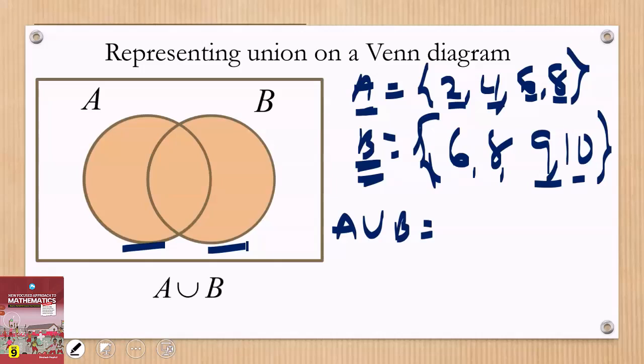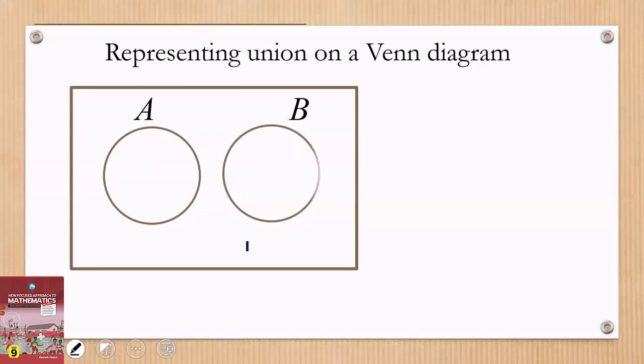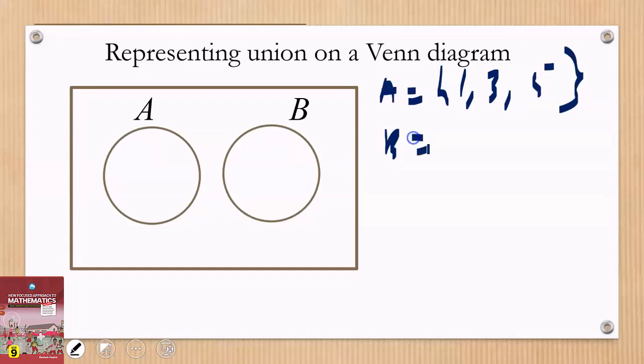Now, let's take another example. This time around, let's have set A and set B that don't have anything in common, so they are different sets. So maybe set A is given as 1, 3, 5, and set B is given as 2, 4, 6, 8. You can see that there is no intersection of A and B, and so we can't put the circles together and let one overlap the other.